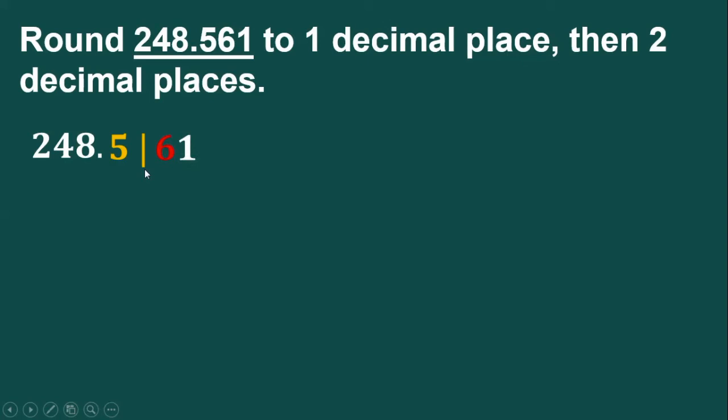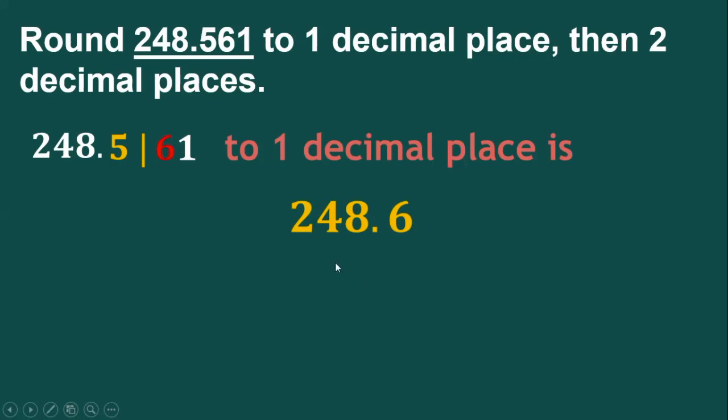The number after the vertical line is 6, which is bigger than 5. So to one decimal place the result is 248.6. We increase the 5 by 1 to become 6 and delete any numbers that come after it.